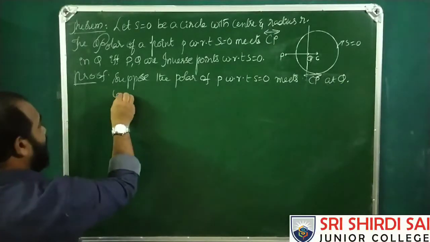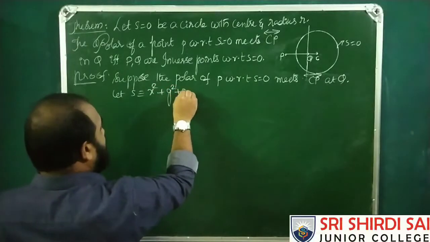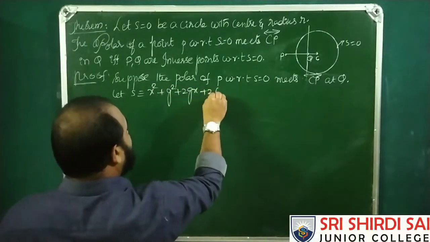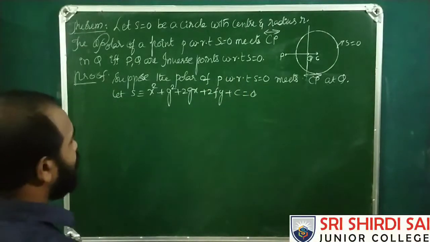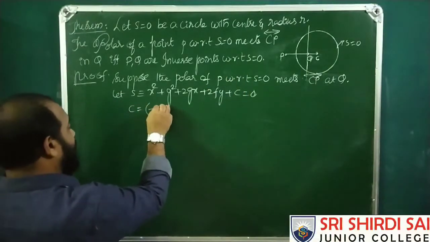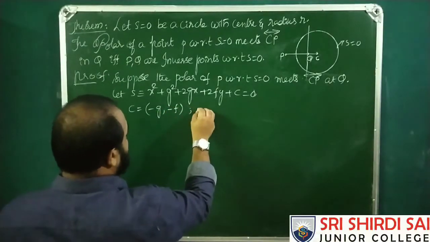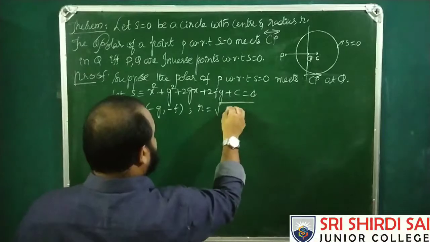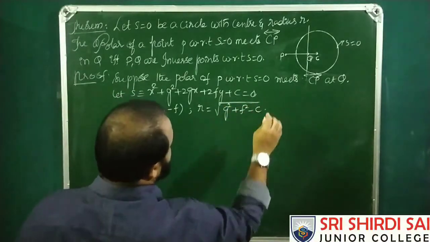So let the circle be x square plus y square plus 2gx plus 2fy plus c equals to 0. So the center of the circle is minus g comma minus f, and radius r is equal to square root of g square plus f square minus c.